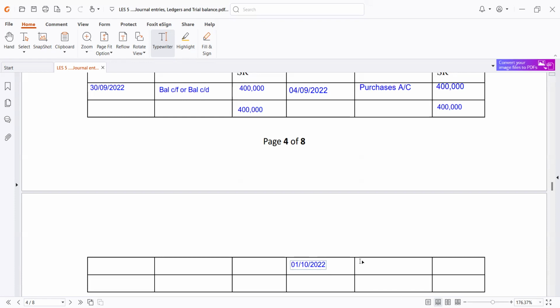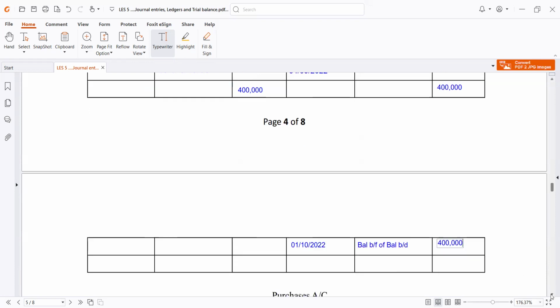And for the amount that you're bringing forward, you write balance brought forward or balance brought down. So the amount is 400,000 like that. And you note it somewhere, that is Tom's account. It's on the credit side and the amount is 400,000.